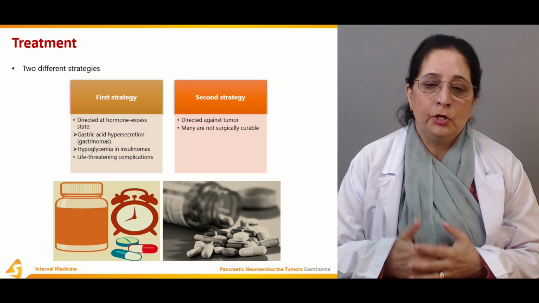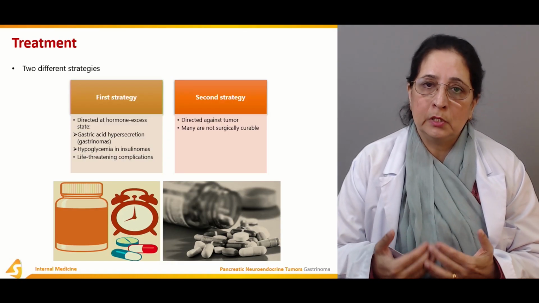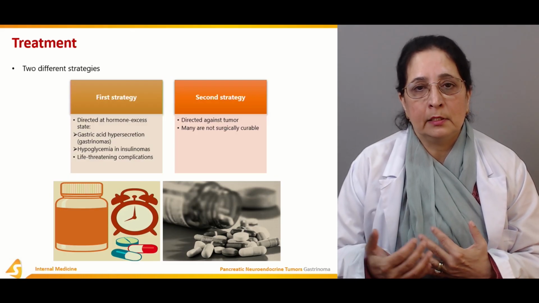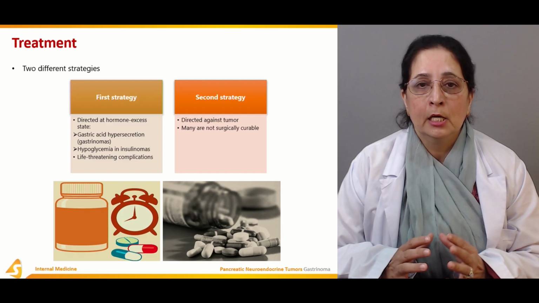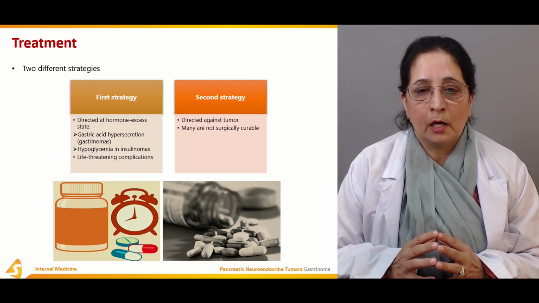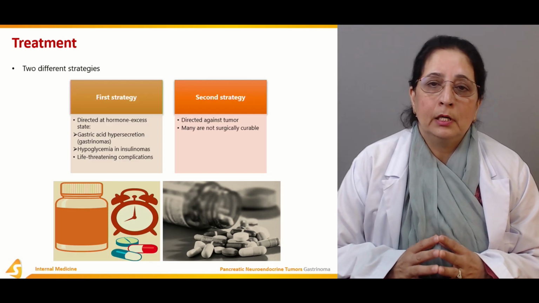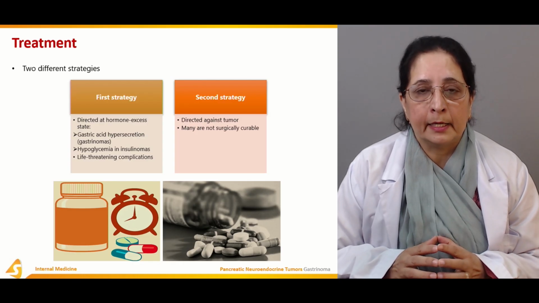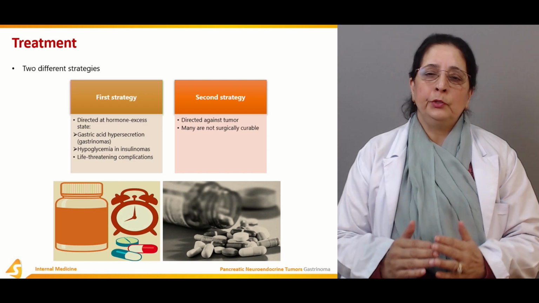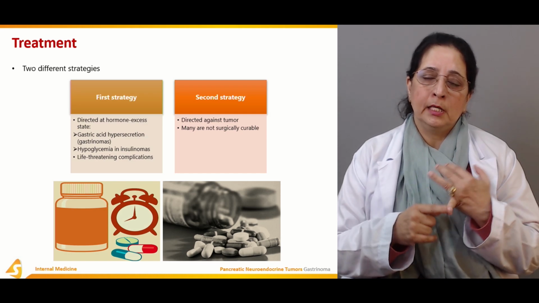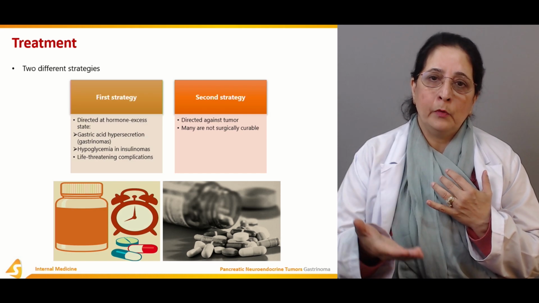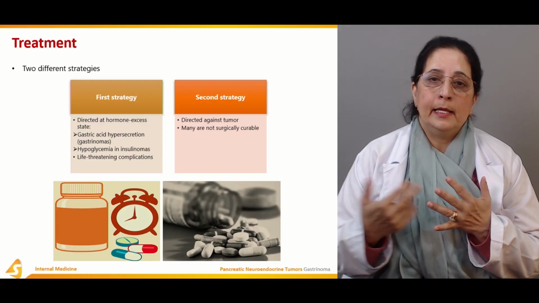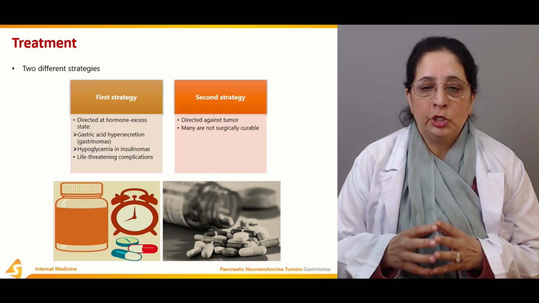Surgery is usually not recommended for those tumors because they are extensive or already metastatic. So there are two treatment options. In the first, we go for the hormone excess, trying to bring it to a normal level, and the other is directed towards the tumor.